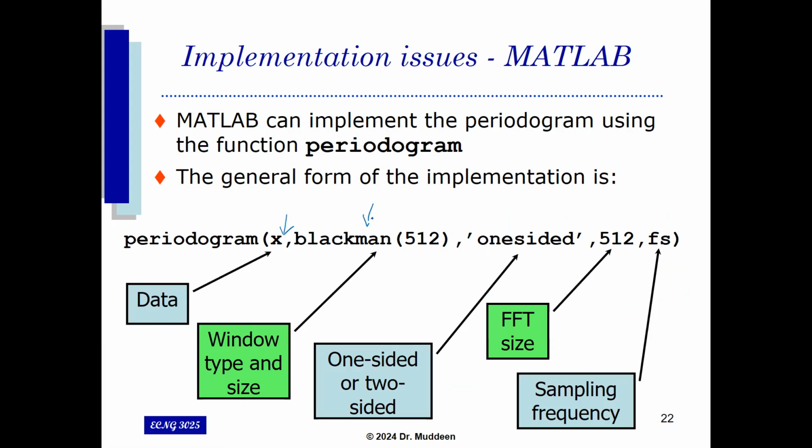I must give it the window that I'm using, and I could use Hamming, Blackman, Harris, all of them. I can decide if I want to use a one-sided or a two-sided spectrum.